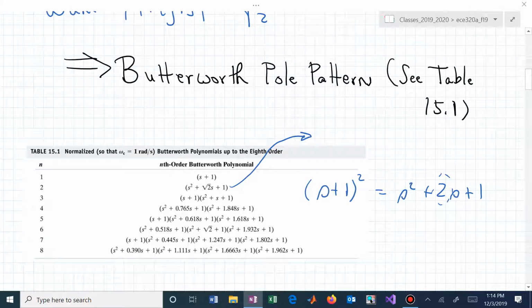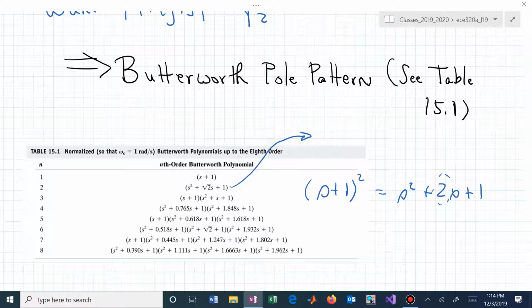How far are those roots of n equal 2 from the origin? Can you tell by inspection of that polynomial? What's the natural frequency? What's the distance of those two poles?